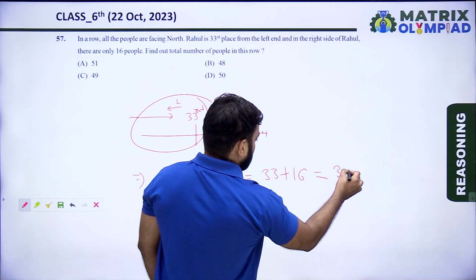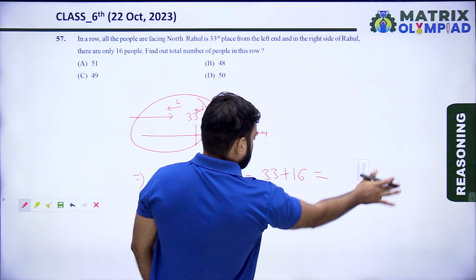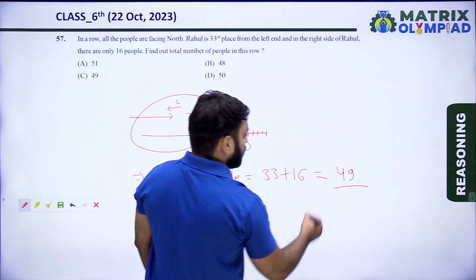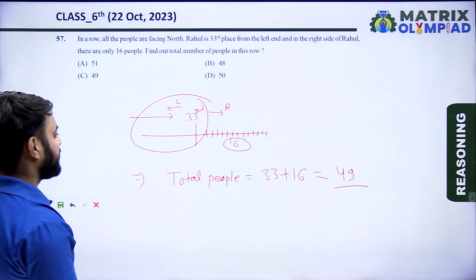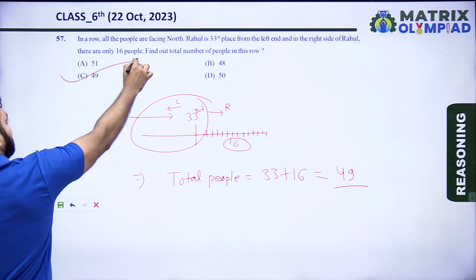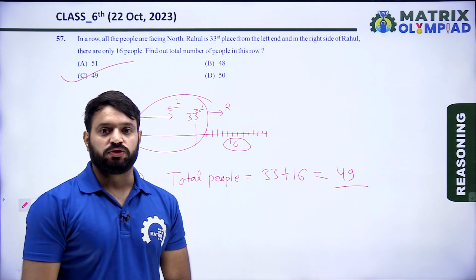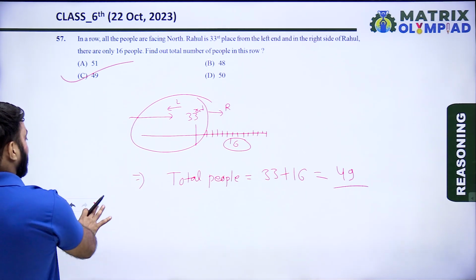It means 49. So, here are 49 people in this row. It means option C is the correct answer of this question. So, let's move on to the next question.